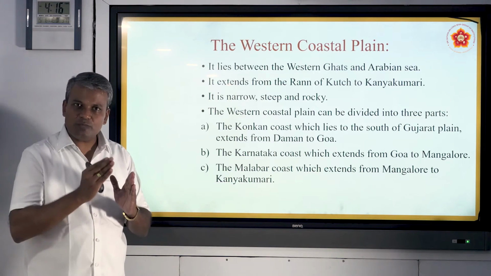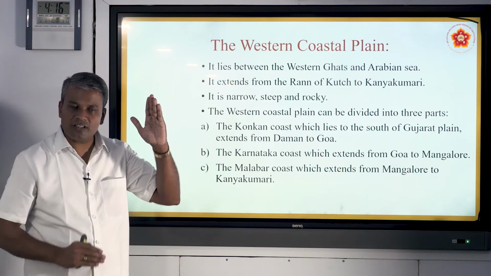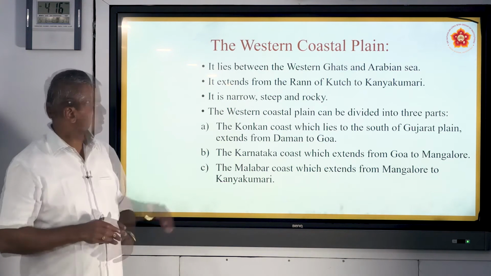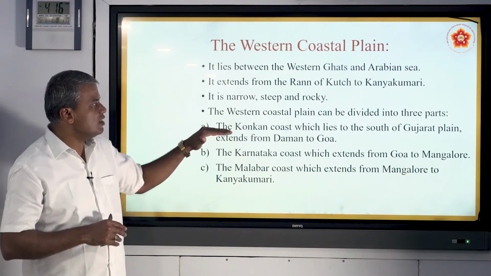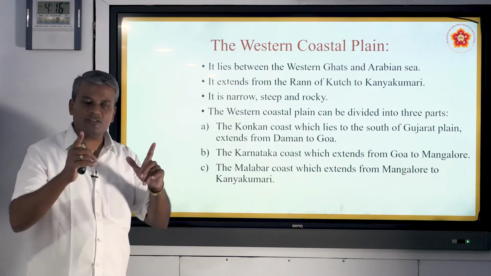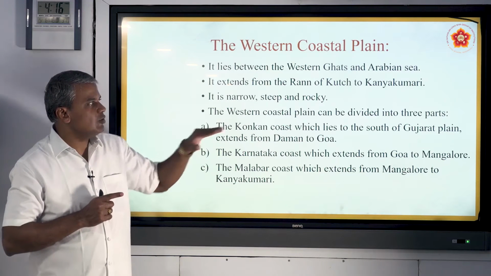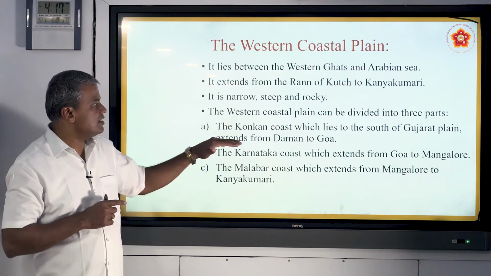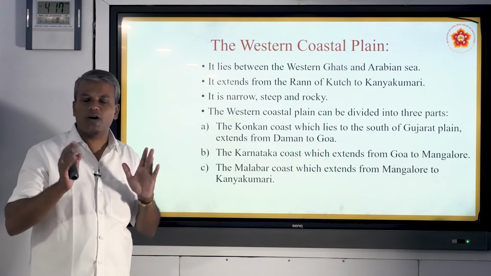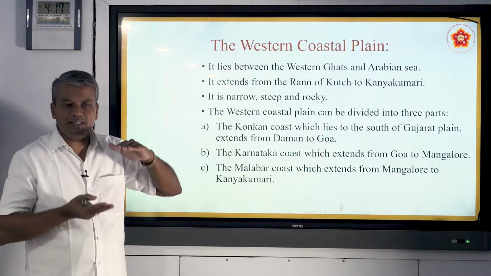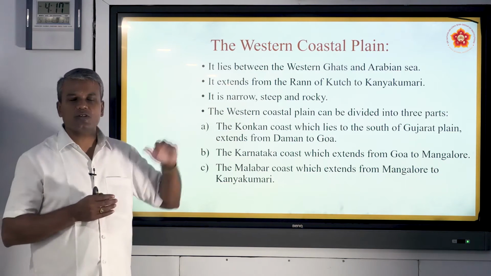This western coastal plain is divided into three parts. The first one is the Konkan coast, which lies to the south of the Gujarat plain and extends from Daman to Goa. That part is known as the Konkan coast.